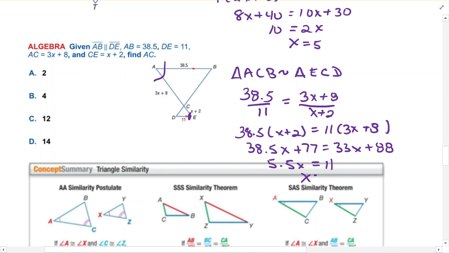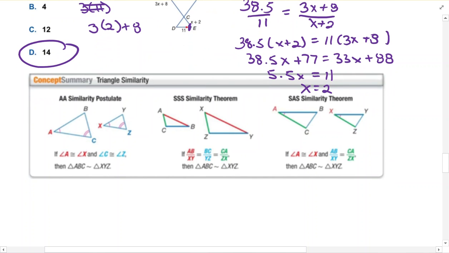So x equals 2. Plugging it back into the side we want, which is AC, we have 3 times 2 plus 8, which would give us 14.